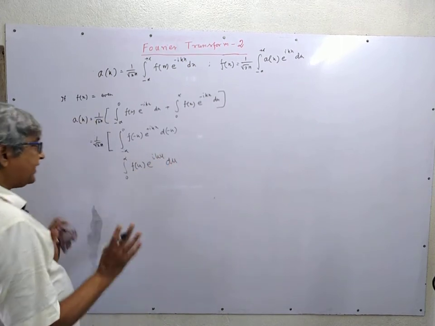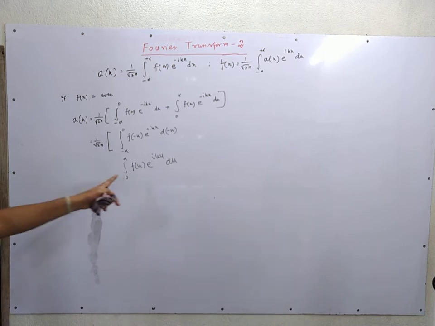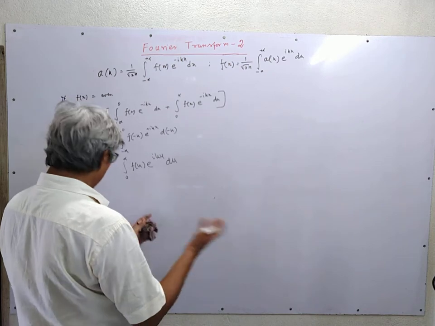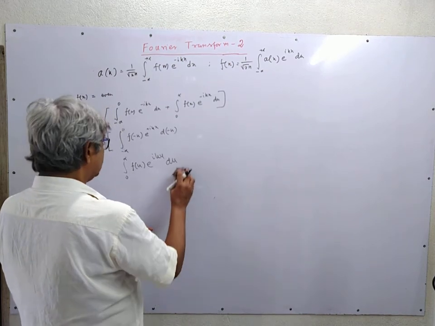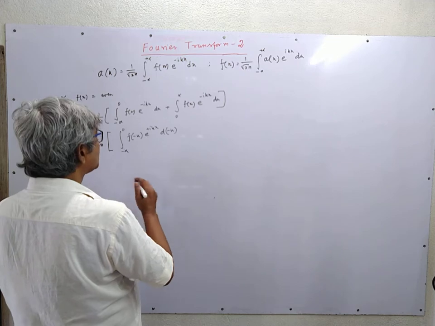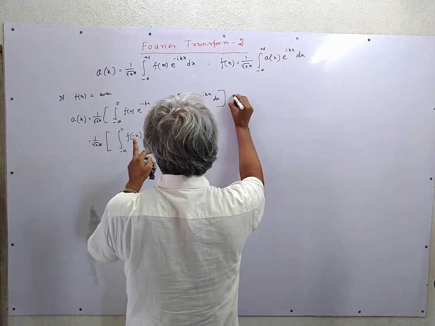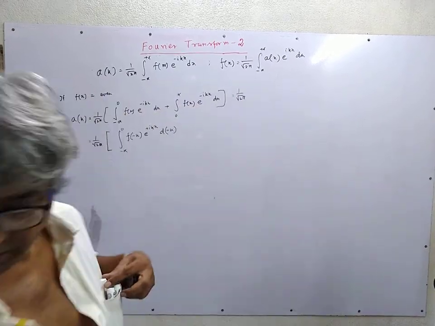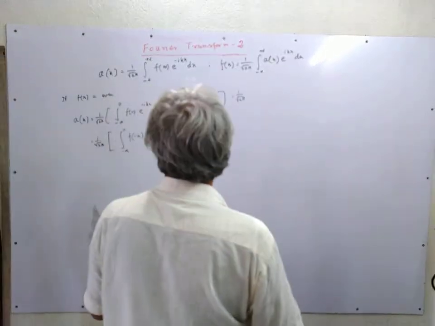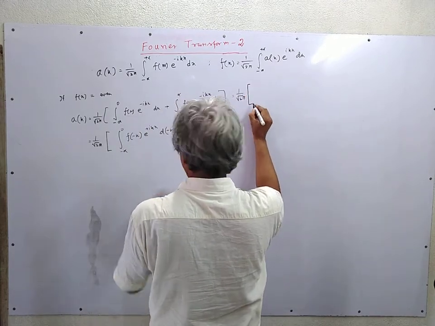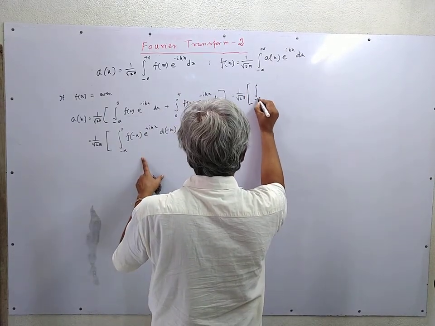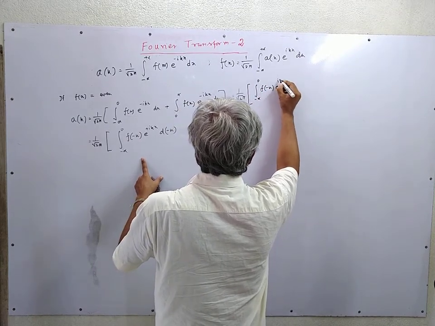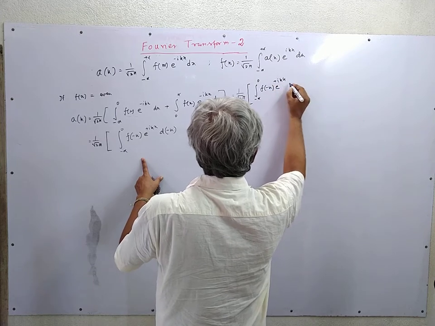Since it is a definite integral, we can change u by x as well. So this term finally becomes 1 upon root 2 pi. Note that this is plus sign.